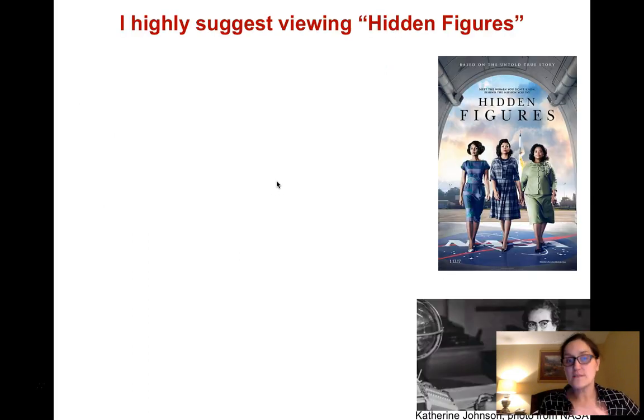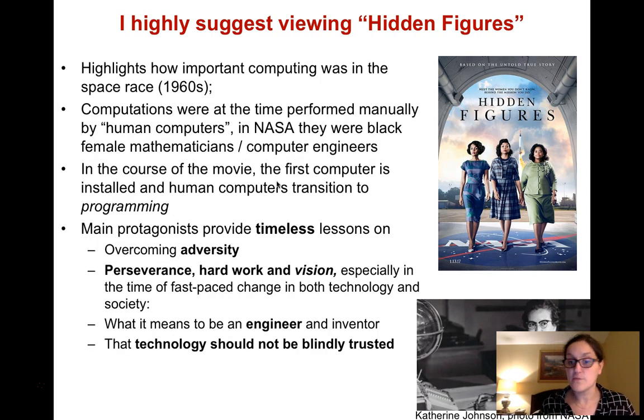I highly suggest there are a number of movies that review this history simply through the time period they were set in, and Hidden Figures is one of those movies. It's a complicated movie, actually. It highlights how important computing was in the space race in the 1960s, and at that time, human computer was a job.